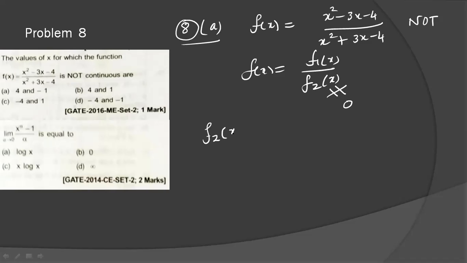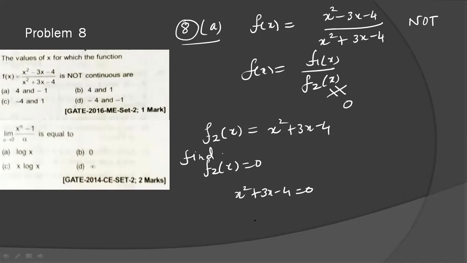So f2(x) is x square plus 3x minus 4. Find the values of x where f2(x) is 0, which means the denominator is 0. So you will get x equal to minus 4 and 1. At these points the function will not be continuous.